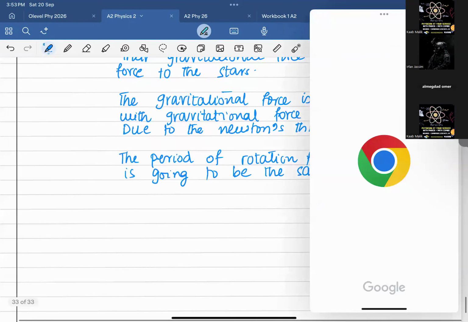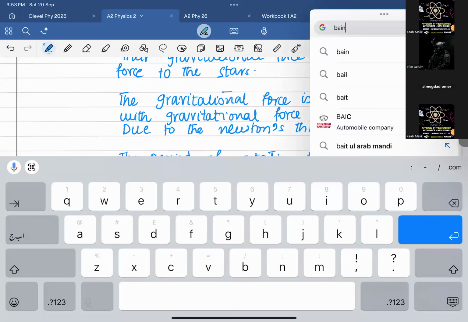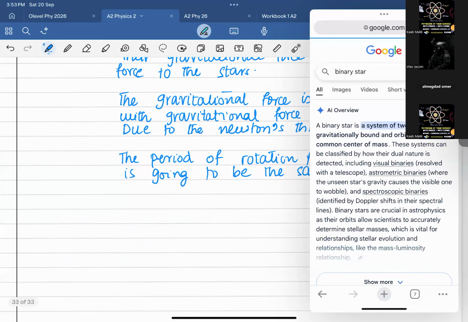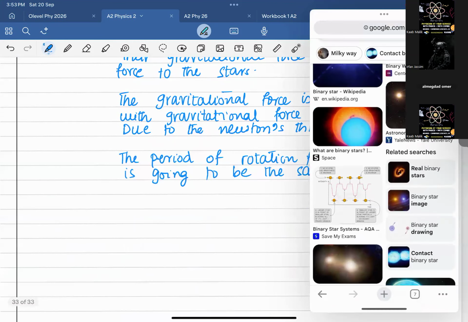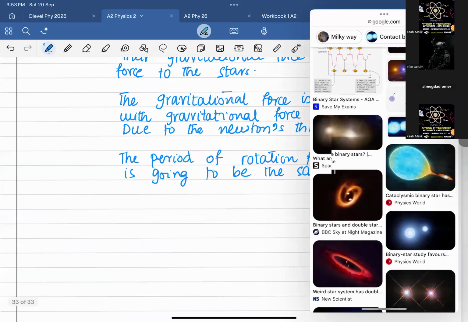Let me show you a picture of a binary star. Okay, you can see this picture.